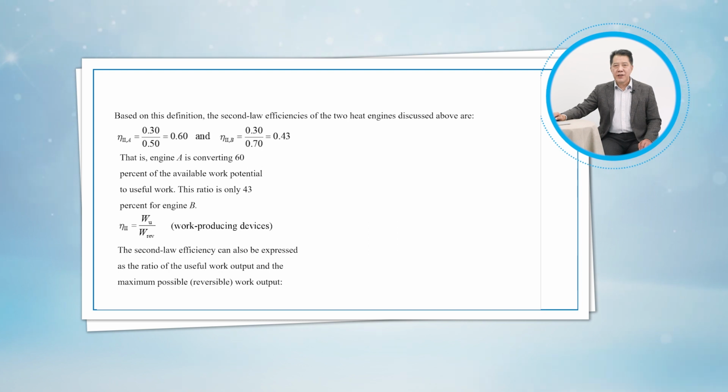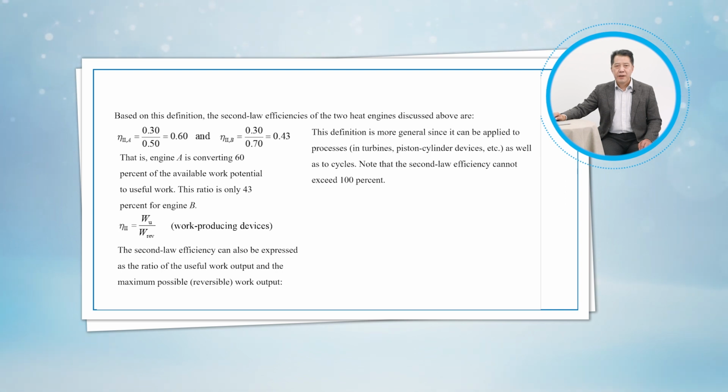The second law efficiency can also be expressed as the ratio of the actual work output and the maximum possible work output for heat engines or work-producing devices. This definition is more general since it can be applied to processes as well as to cycles. Note that the second law efficiency cannot exceed 100%.